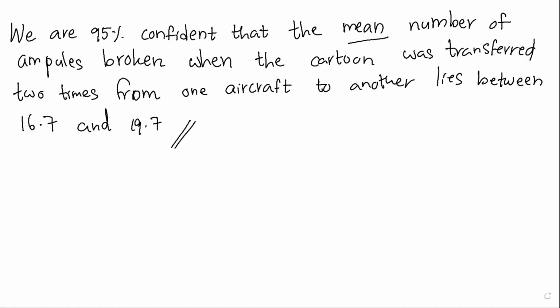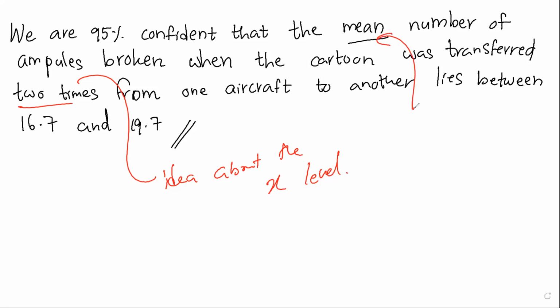And make sure you give the idea about the X level as well. Okay, don't forget this. So those are the things that you have to be careful about, and don't say there's 95% probability. Don't use the word probability, it's wrong.